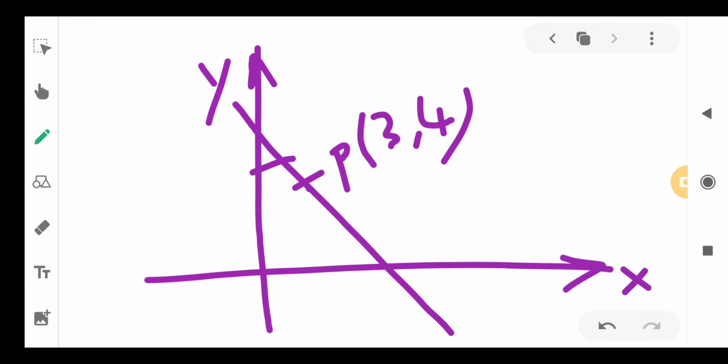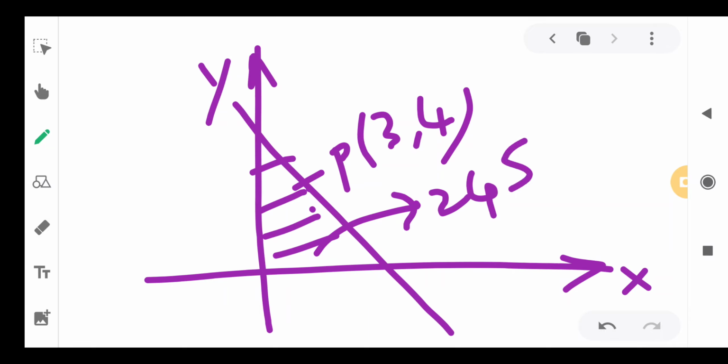What is this area? This area given is 24 square units, right? Now we have to find the equation of this straight line. What is the equation of the line that passes through (3, 4) in the first quadrant, and it forms a triangle of area 24 square units with both the x and y axes?